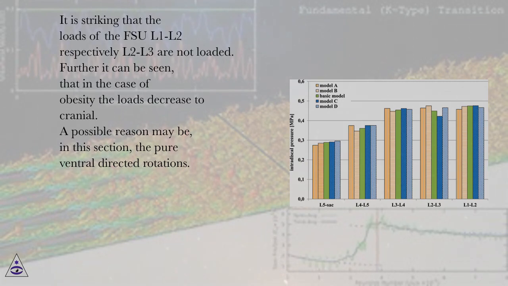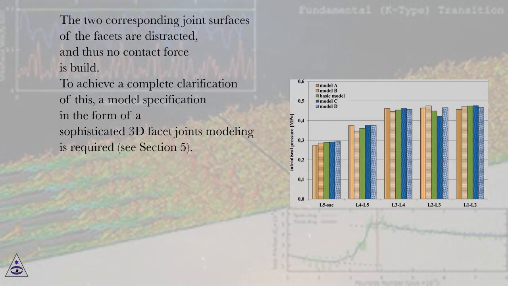A possible reason may be the pure ventral directed rotations in this section. The two corresponding joint surfaces of the facets are distracted, and thus no contact force is built. To achieve a complete clarification of this, a model specification in the form of a sophisticated 3D facet joint modeling is required, see Section 5.